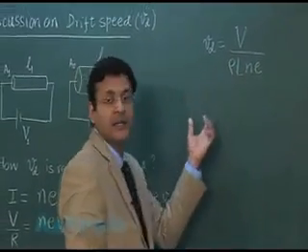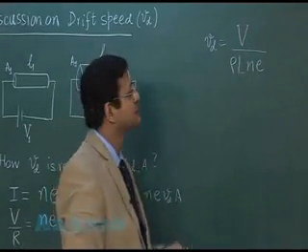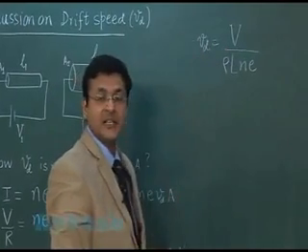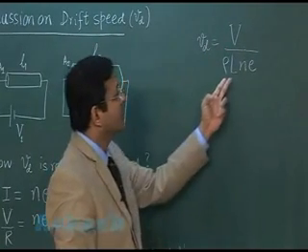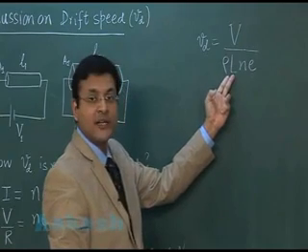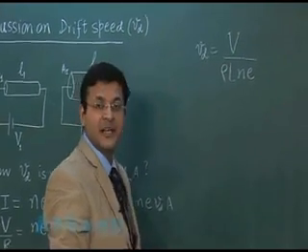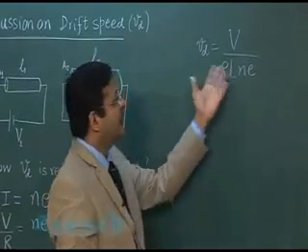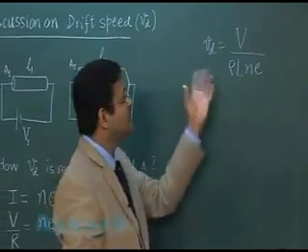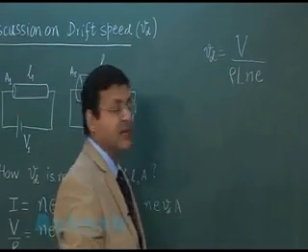It means drift speed is directly proportional to voltage. If you have increased the voltage, then drift speed will also increase. In case you have increased the length, you can see it is in the denominator, so drift speed will decrease. But cross-sectional area is not appearing here. So the change in cross-sectional area will not make any difference in drift speed.